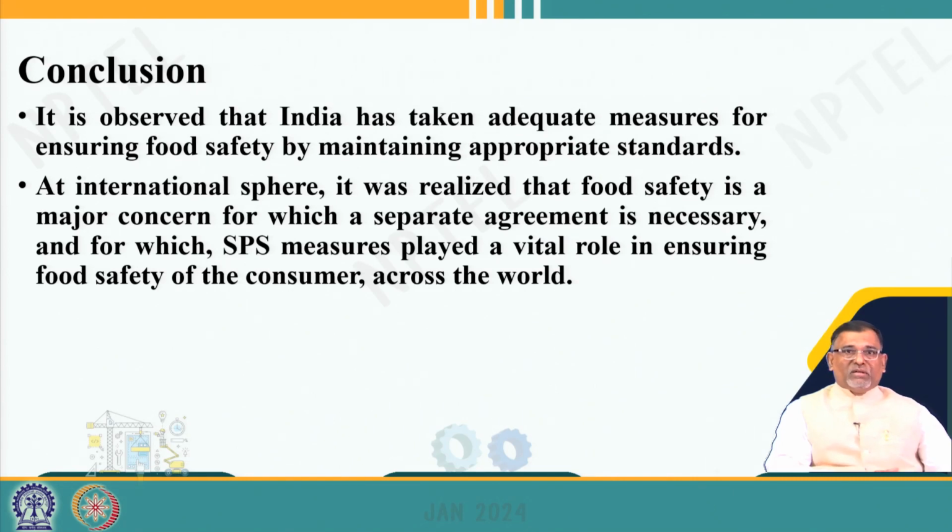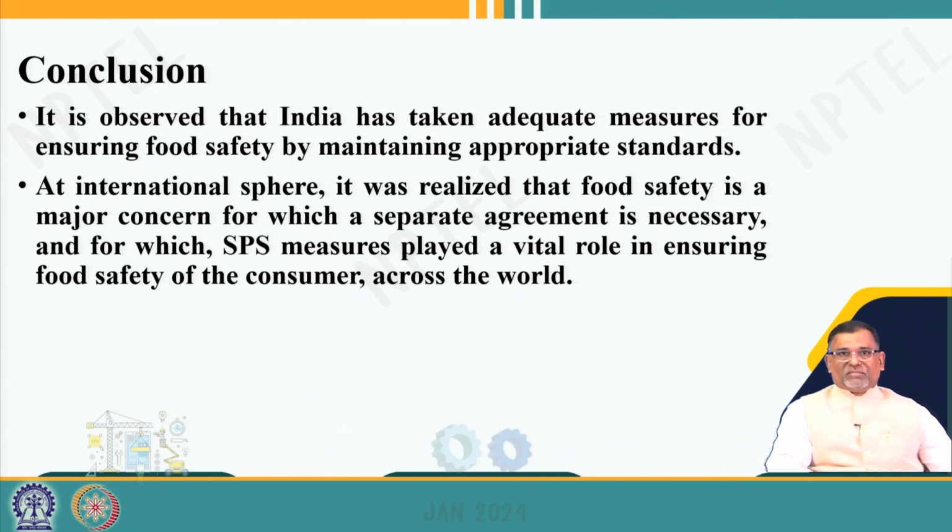Here you can see that yes, India has complied with the TBT agreement and also taken care of it. Food safety is always a concern for India, because a large number of consignments are rejected on food safety grounds, not only food safety standards under SPS measures, but also TBT measures.